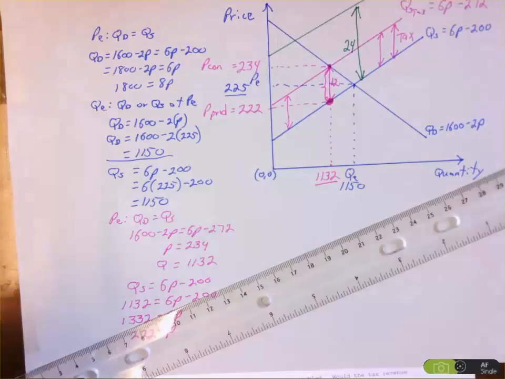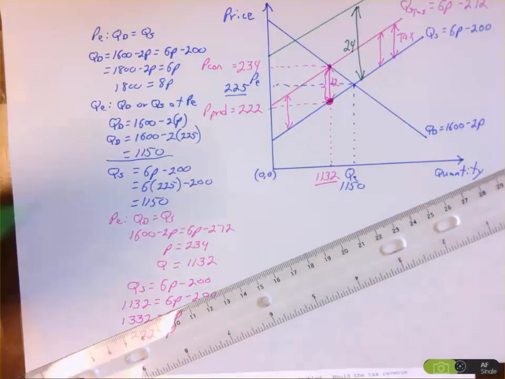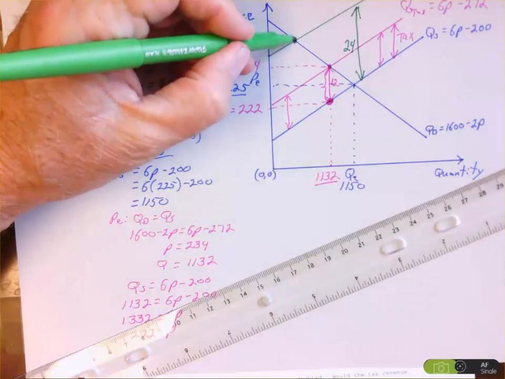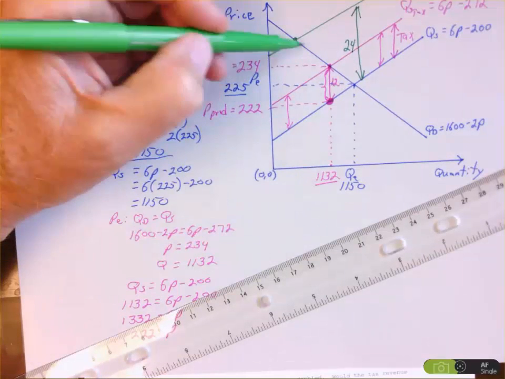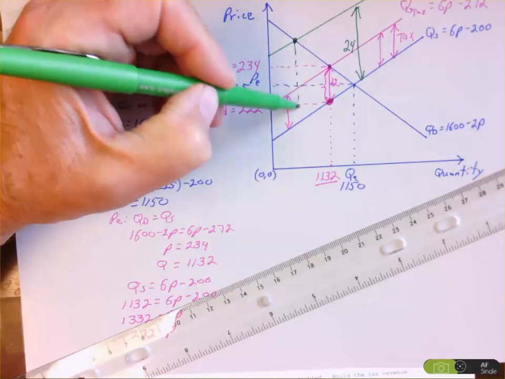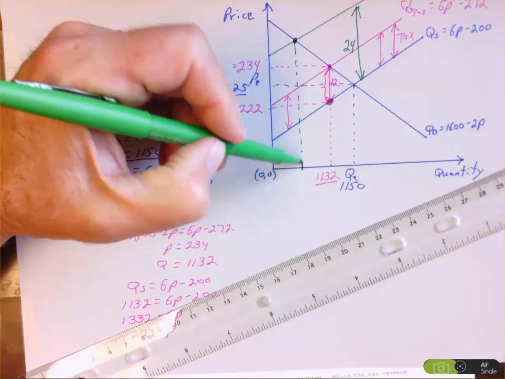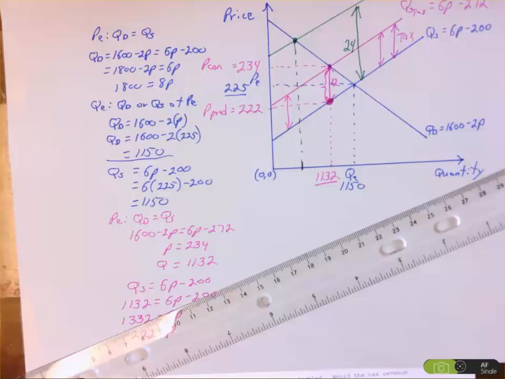So it is true that the government's going to get twice as much money on every unit sold, but notice what happens to the number of units sold. They will no longer sell 1,132 units. They will sell way less. So when they double the tax, revenue generated won't double. In fact, it looks like in the case I've drawn that the tax revenue generated would actually go down.